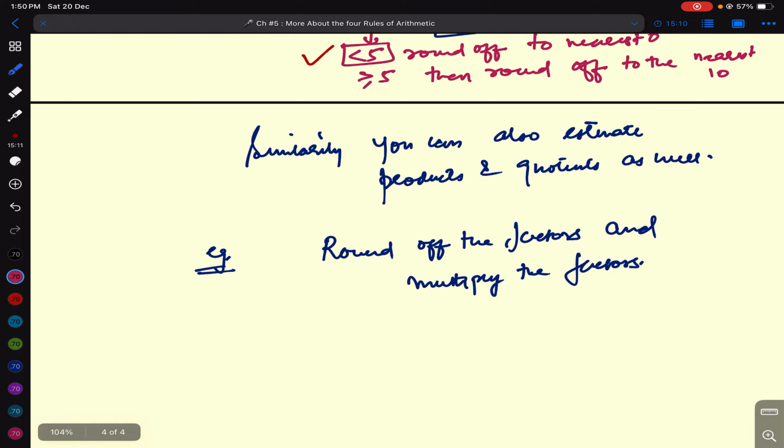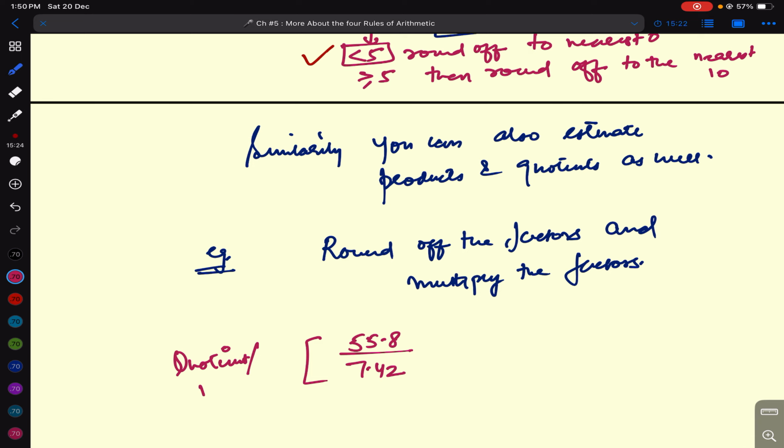When I say factors here, what do I mean by that? Let's say you have 55.8 over 7.42. Now this is a quotient, right? Or you can say the division.